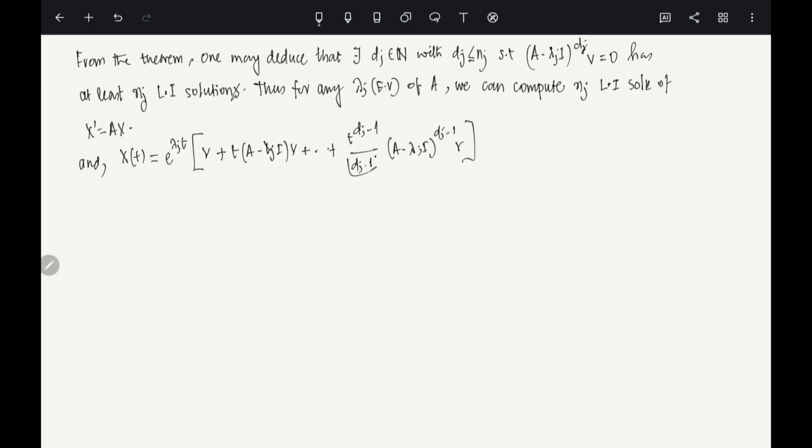Clear? And moreover, n1 plus n2 plus up to nk will be n solutions. So this will actually be the full set of n linearly independent solutions.